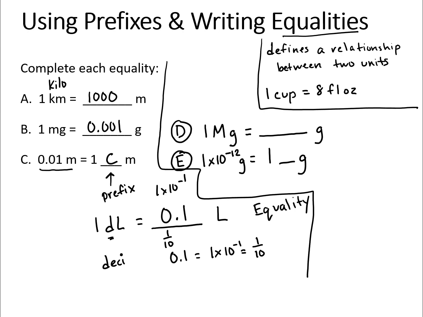Alright, did anybody get anything for the first one? We've got 1 megagram, that's a capital M. How many grams is that? That's milli. 0.001 is milli. The capital M is mega. So that increases.